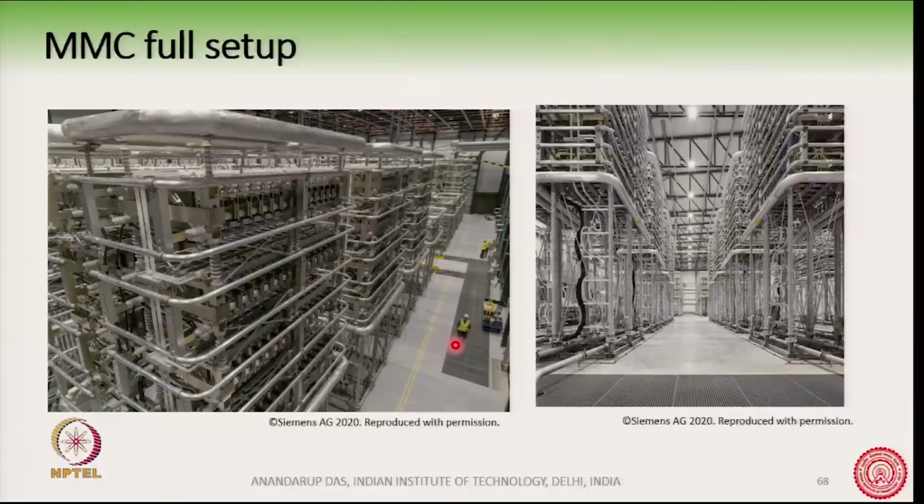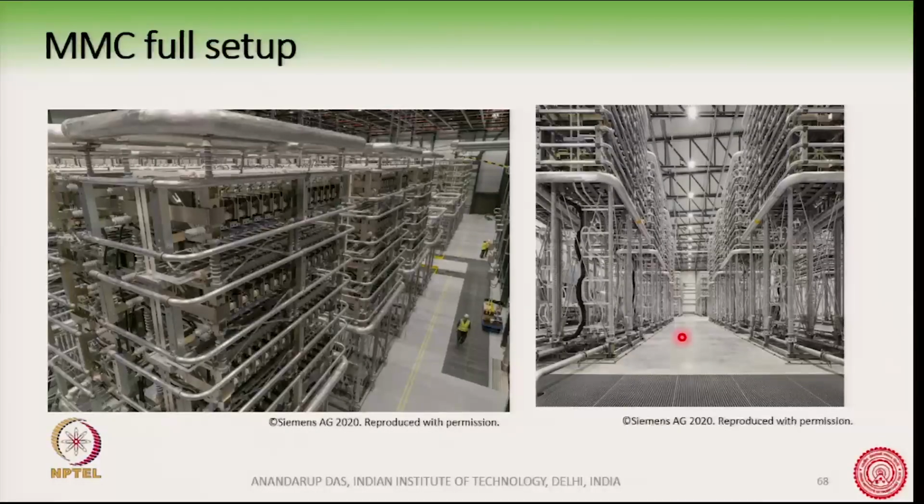So, you can understand how long and how big this converter station is. Another view is like this, and you can see that the cells are substantially isolated from the ground. The height of the cell is maybe several meters above the ground, for isolation purposes.